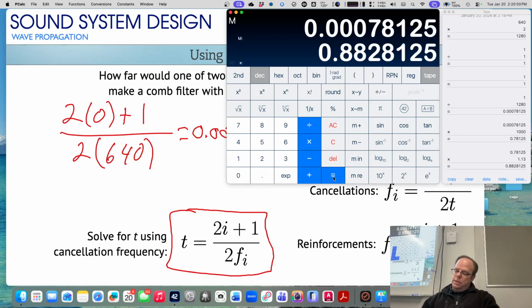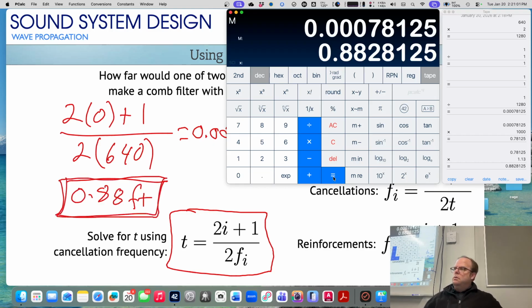So the answer here is 0.88 feet, a little over half a foot. Offset those two speakers, point them at somebody, and 640 hertz will cancel out first.